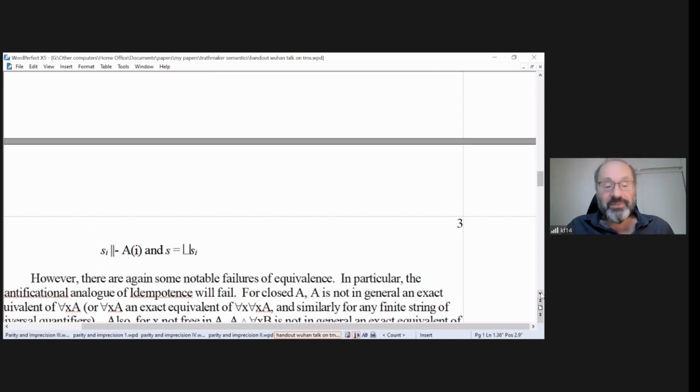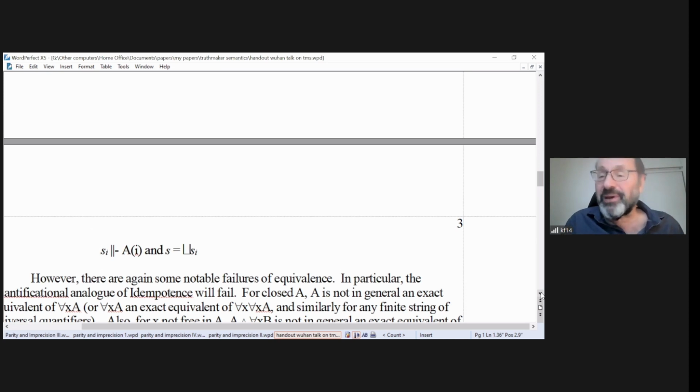That means a fusion of any two truth makers for A will be a truth maker for all XA, because there are at least two individuals, I and J. So for I, pick one of the truth makers. That's going to be a truth maker for A of I. Of course, A of I is just A, because the instances are vacuous in this case.